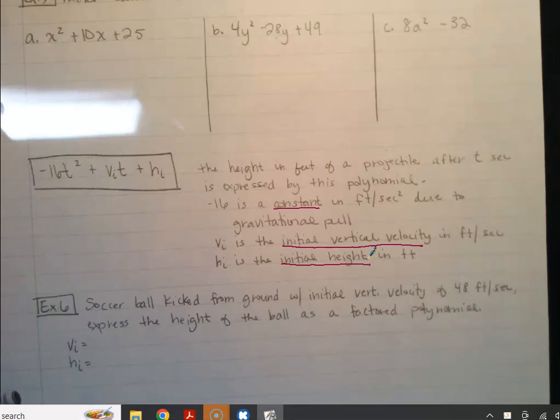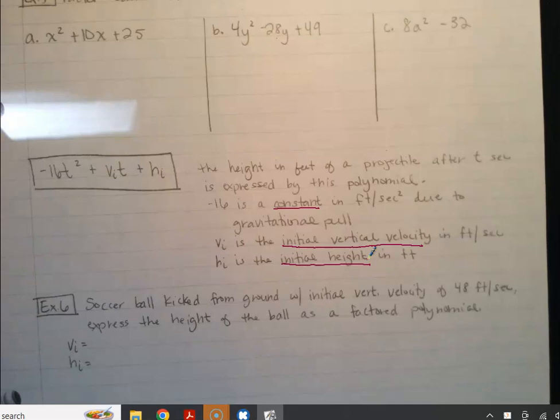So example 6: the soccer ball is kicked from the ground with an initial vertical velocity of 48 feet per second. Express the height of the ball as a factored polynomial. So we need to put in here, what would our v sub I be and our h sub I? Is that the 48?